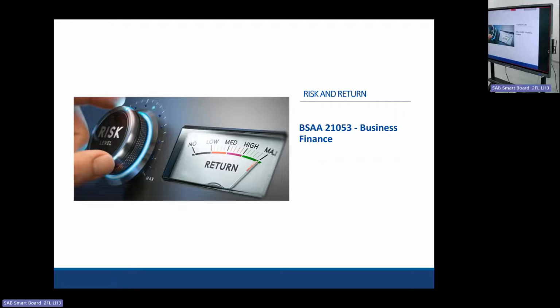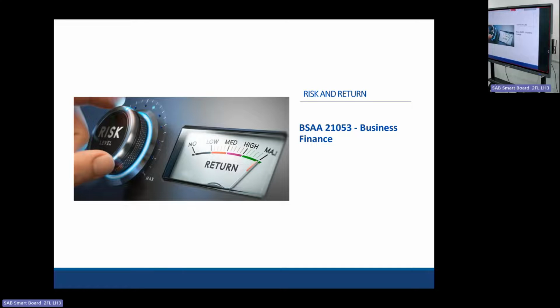So the risk premium is for what? For bearing the risk of this particular investment. Now suppose you have some money. What are the possible investments?